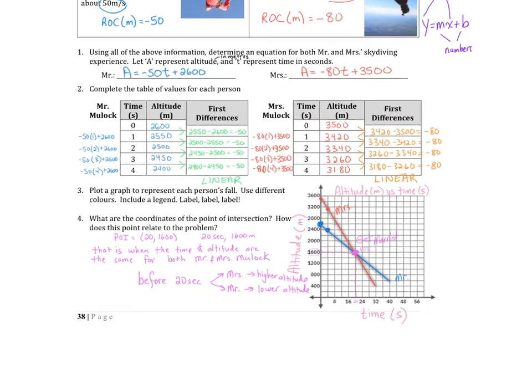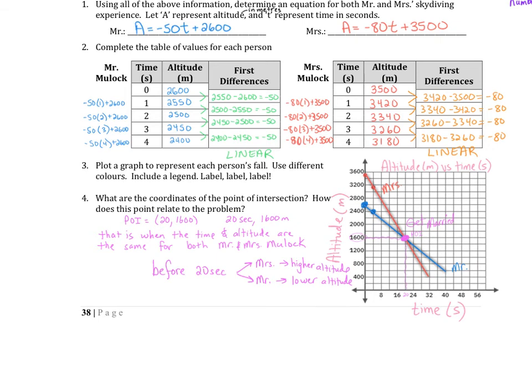So what we're getting at are different cases where you're going to be plotting more than one relationship on a grid, and you're going to find the point of intersection, and you're going to be interpreting what the point of intersection means. And then you're going to be looking to the left sometimes of the point of intersection to determine who was higher or who was lower. And in some cases, let's say that they decided they didn't want to get married and they just kept continuing, who would be higher and who would be lower.